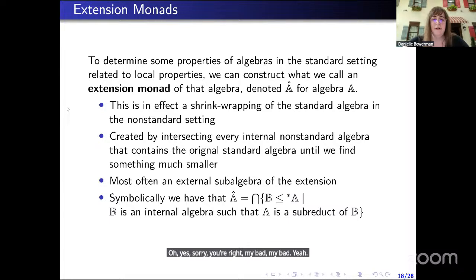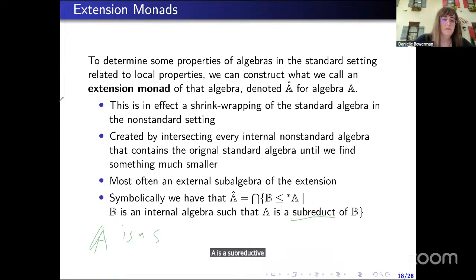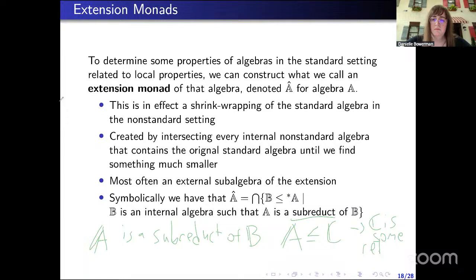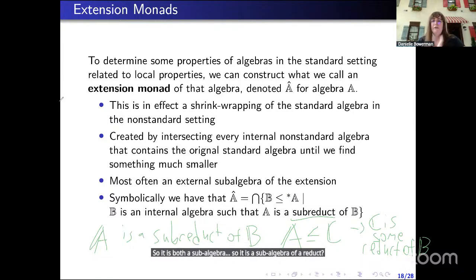Yeah, so A is a subreduct of B if and only if A is a subalgebra of some reduct of B. So it is a subalgebra of a reduct, and we simplify that to subreduct.